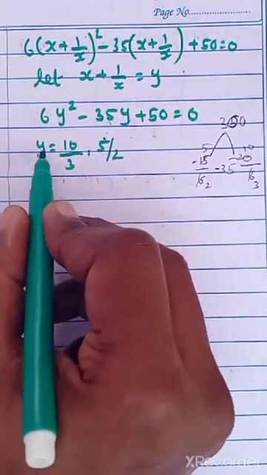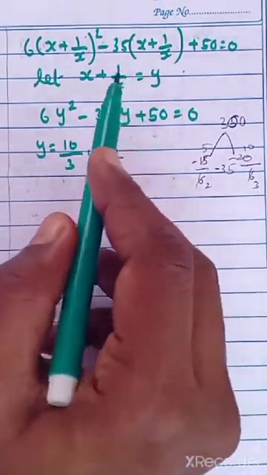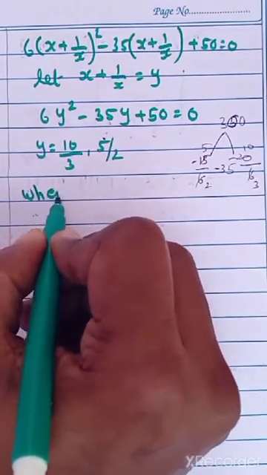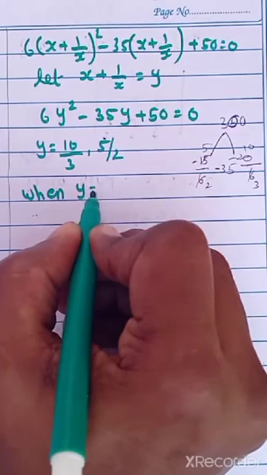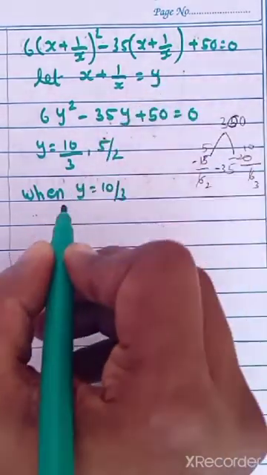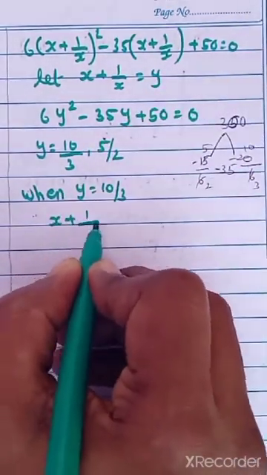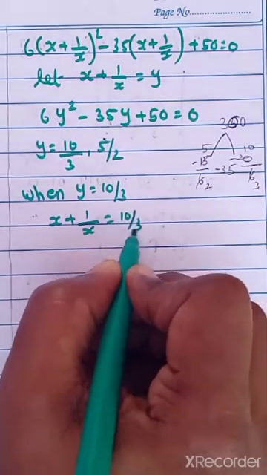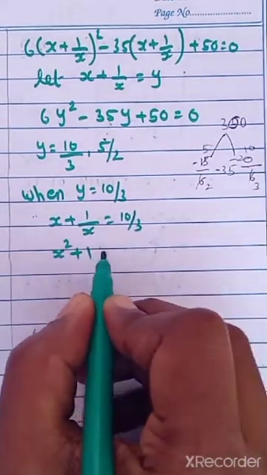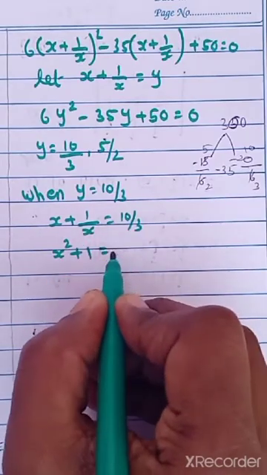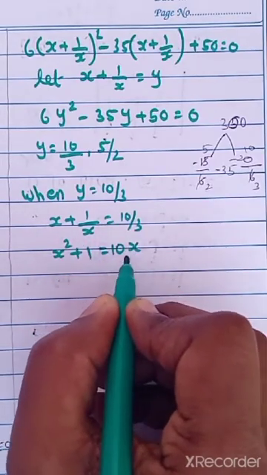So from this we have to get the x value, right? We have to substitute here. So when y equal to 10 by 3, putting 10 by 3 here, x plus 1 by x equal to 10 by 3. Taking the LCM, x square plus 1 equal to 10x by 3.